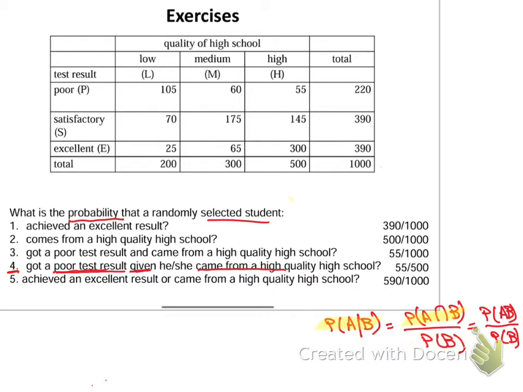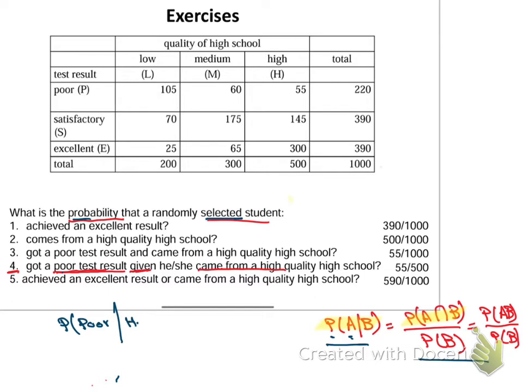So let us apply this concept now on the problem which we have. The probability of A given B. Here the probability of a student got a poor result, so A in this case is that the student got a poor result. So he's asking for the probability of A, the probability of poor result, given that she came from a high quality school.